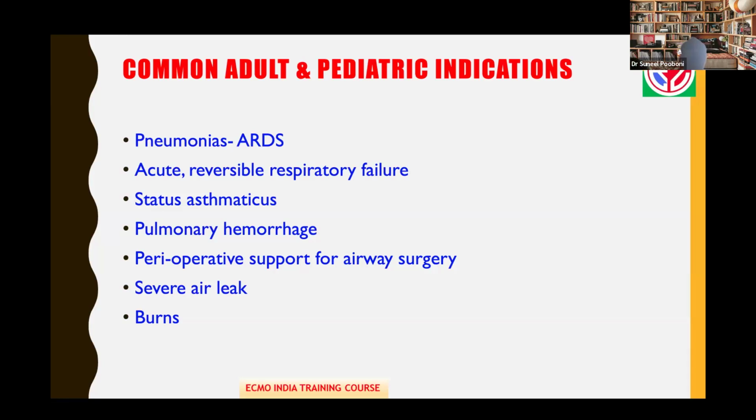So ECMO is the mechanism of choice at this time, with a very high success rate, as it is a short-term therapy just for a couple of days till the lungs start to get better again.